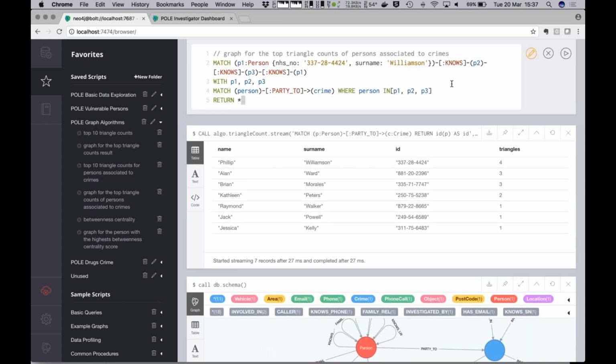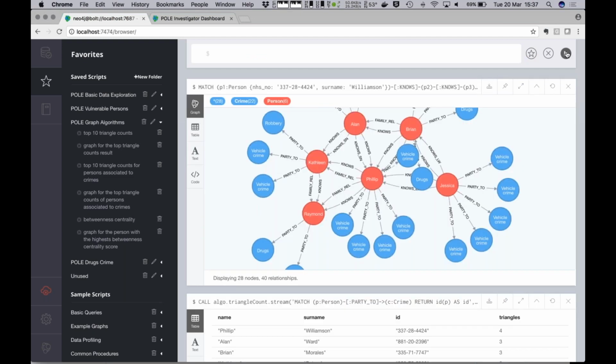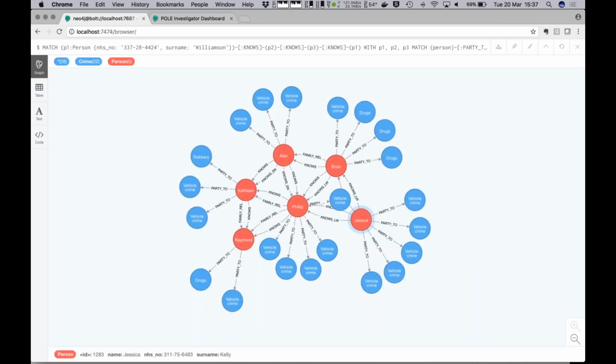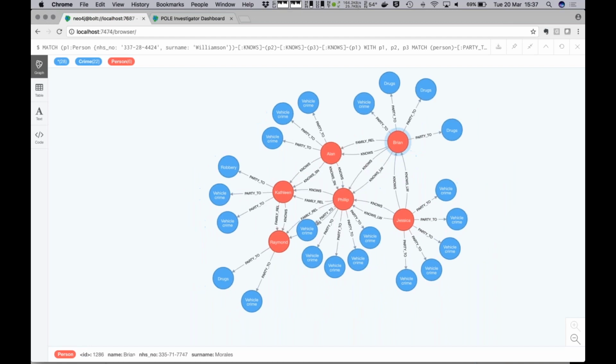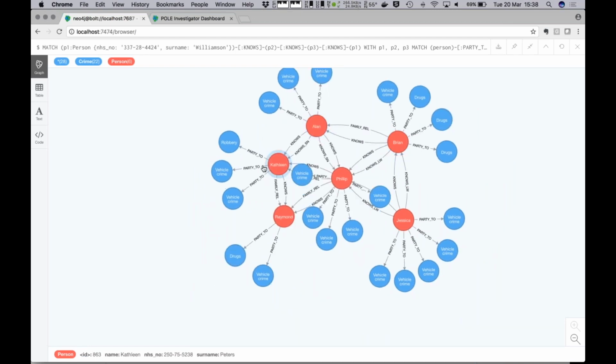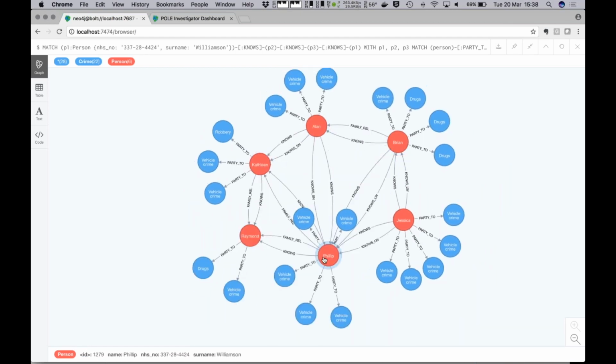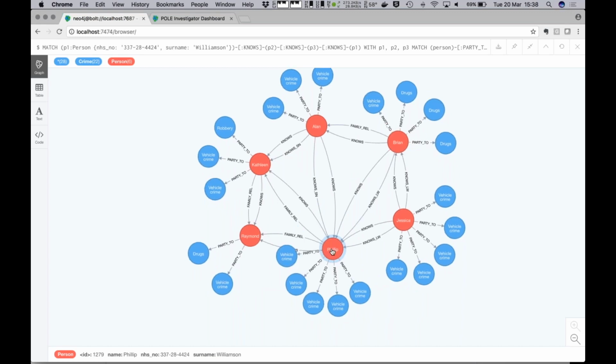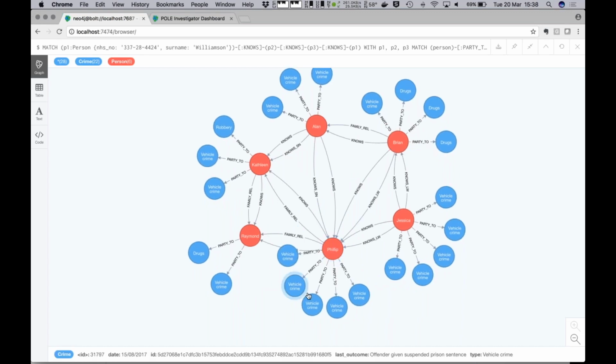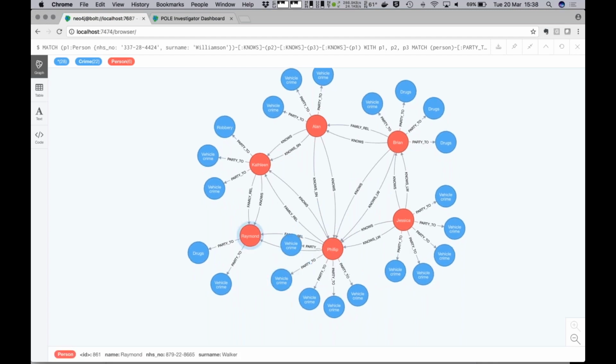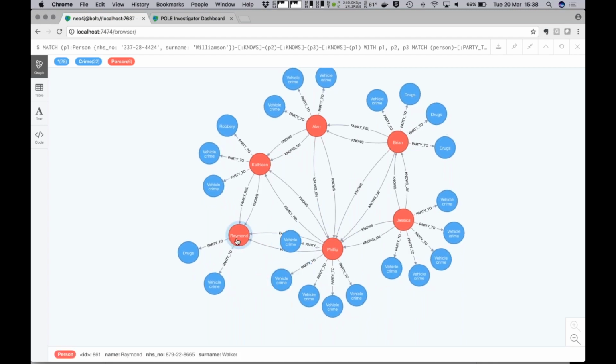So we take a look at the graph for Philip Williamson, the person with the most triangles from that last query. We can see here all the people who are part of the triangles with him. Here's Philip. Philip is related to 5 vehicle crimes. This name looks familiar. So this is Raymond Walker, who we looked at the beginning of the demo, who's related to a drugs crime.